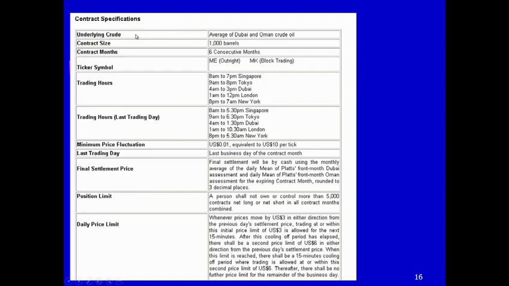We find out that the underlying is, in fact, the average of the Dubai and Oman crude oil price. So two Middle Eastern countries that are known for producing oil, that's where the oil price is set, and it is the underlying price that we use in Singapore to speculate on what future prices are going to be.